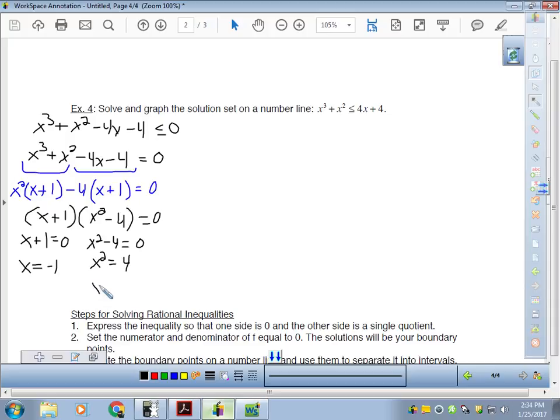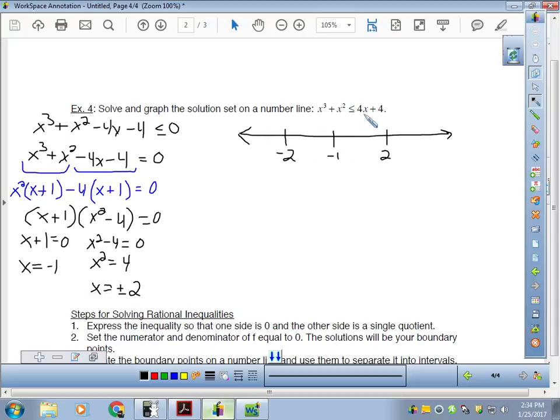And then I take the square root, and so I get x equals plus or minus 2. So I actually have 3 boundaries on this one. So when I put them in my number line, I'm going to put them in order. So I have negative 2, then I have negative 1, and then I have positive 2.